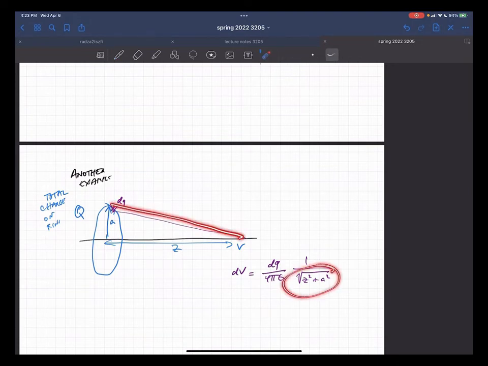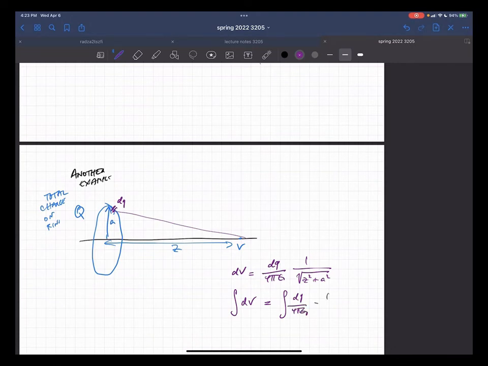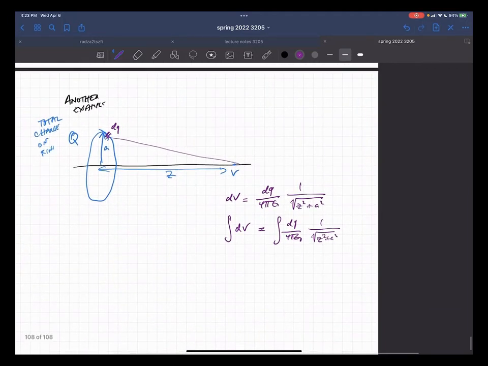distance. Okay. And then the effect of all the charges would be the integral of this dV, basically integrating along the circle, and that integral would just give me the integral of dq over 4 pi epsilon naught 1 over z squared plus a squared along the circle.